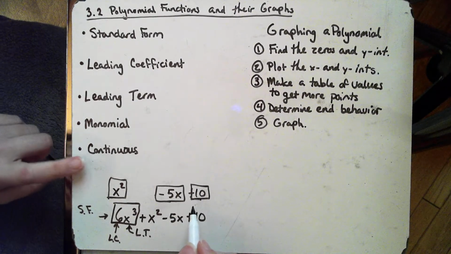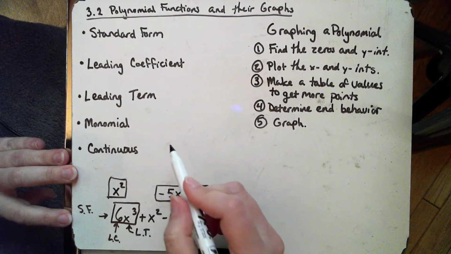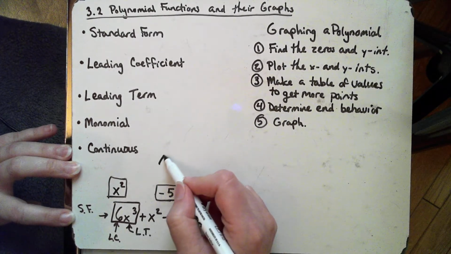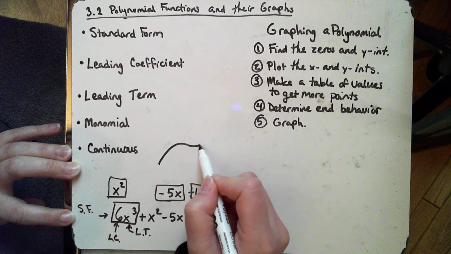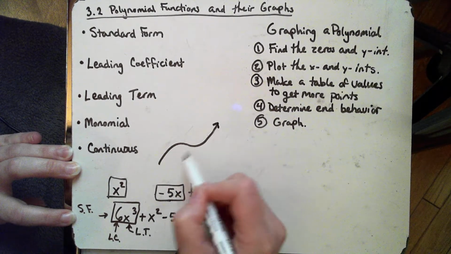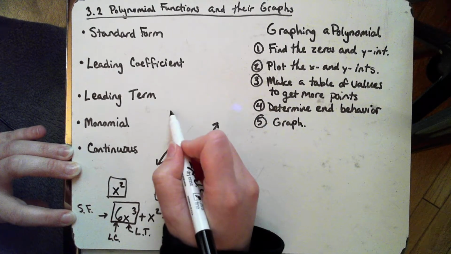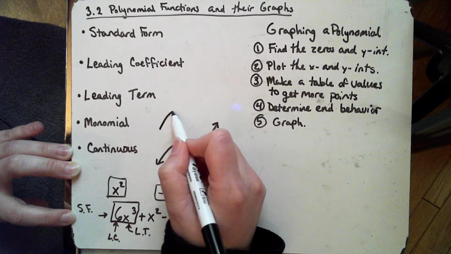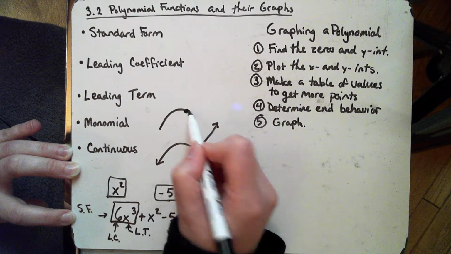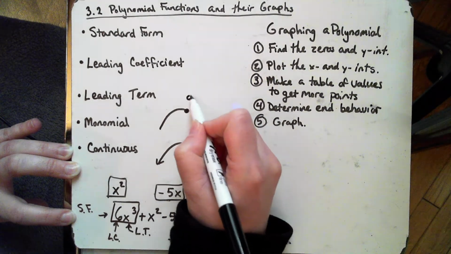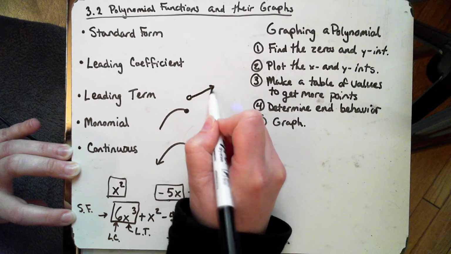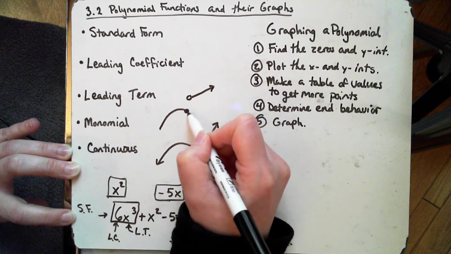Now finally, continuous. Continuous describes a graph. If a graph is made up of a continuous curve like this, we call it continuous. If a graph has a break in it like this, maybe it goes from here and then there's an open circle and it continues on from there, this is not continuous, or discontinuous.